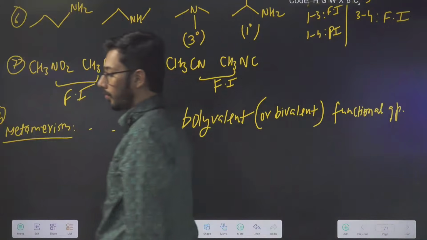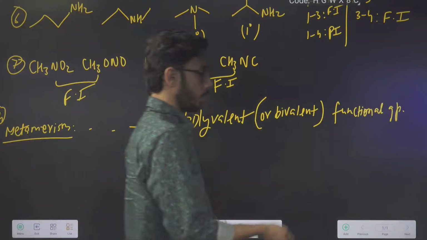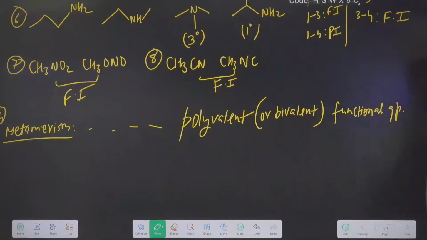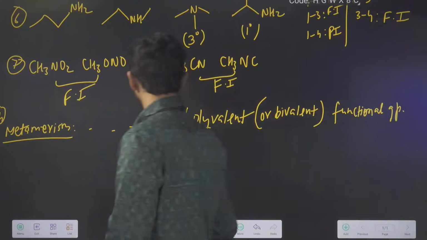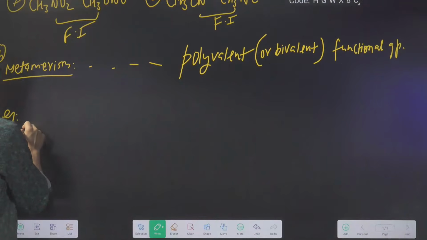Different nature of alkyl group at either side of the polyvalent or bivalent functional group. Clear? Read it and then the example.